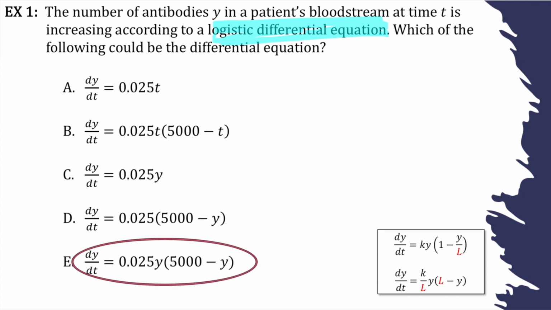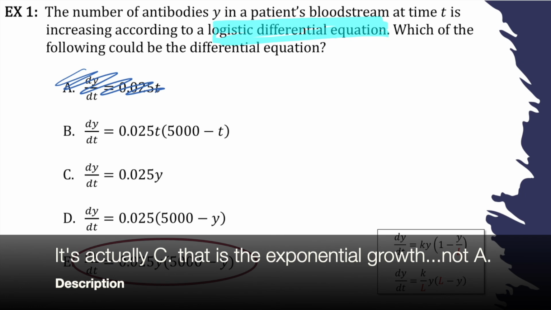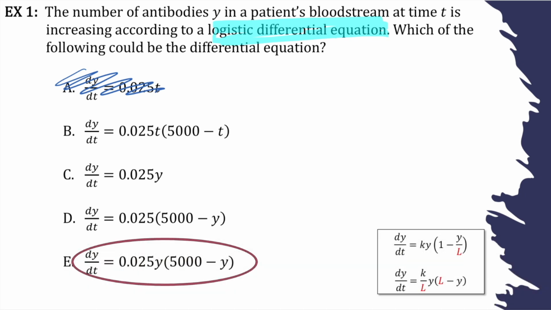Well, it would be E. E is a logistic growth differential equation. Let's look at the others real quick, though. A is clearly not. That's just not going to work. That's actually an exponential growth equation. B, wow, it looks really close, but what's wrong with B? What's wrong with B is this t here and this t here.